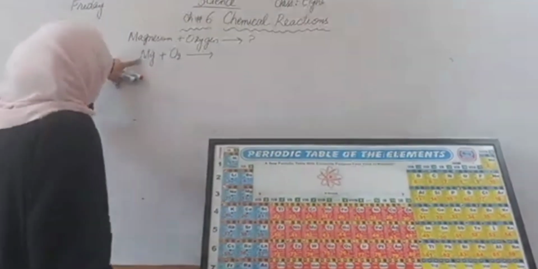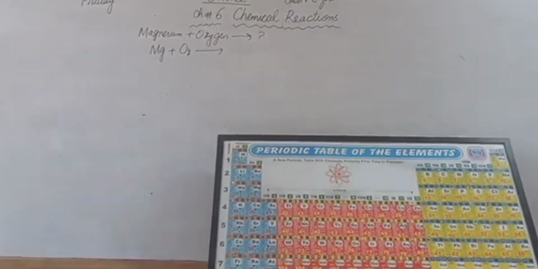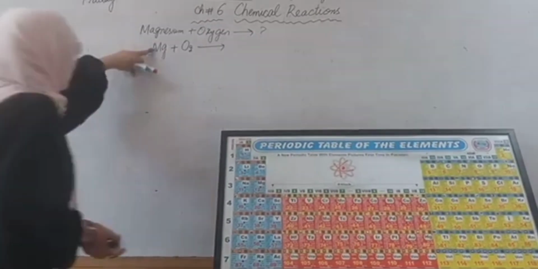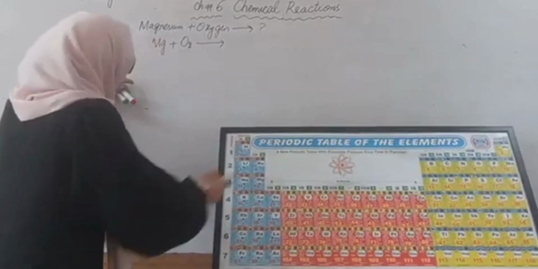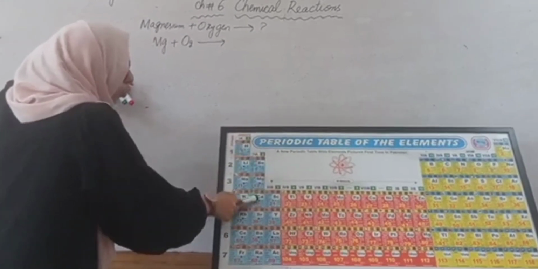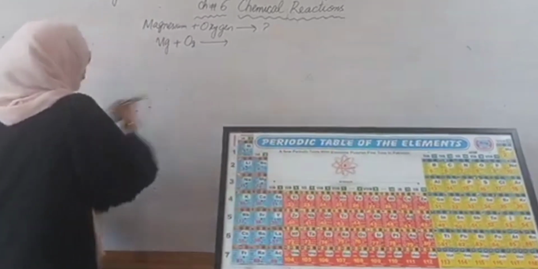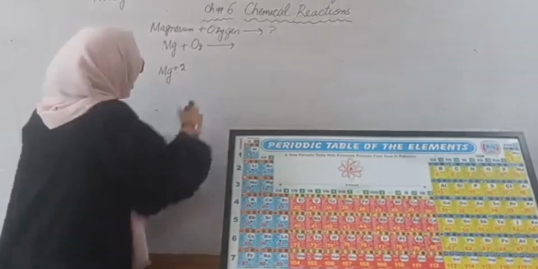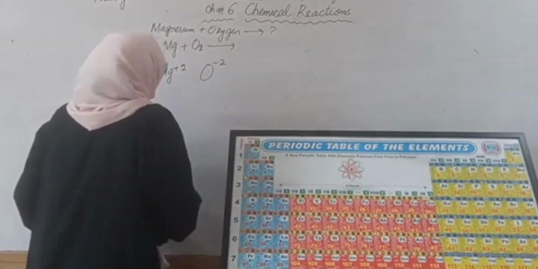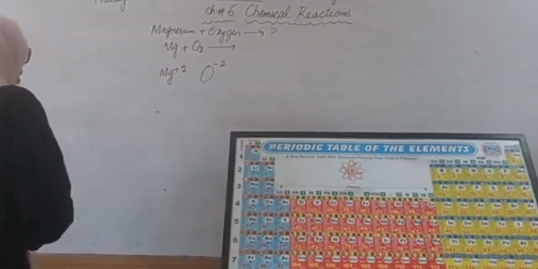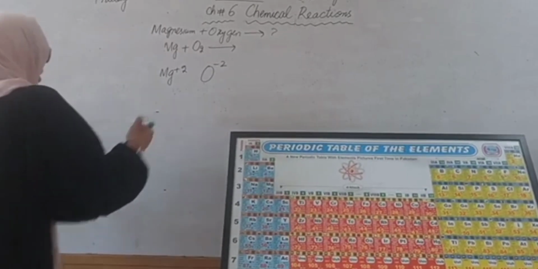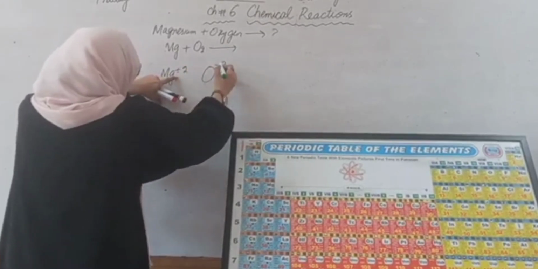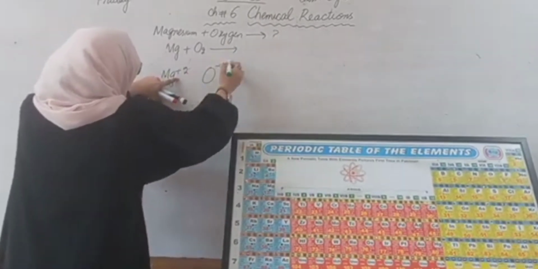And what is the charge of magnesium? We will solve by cutting the opposite signs, and 2 ones are 2, 2 ones are 2.